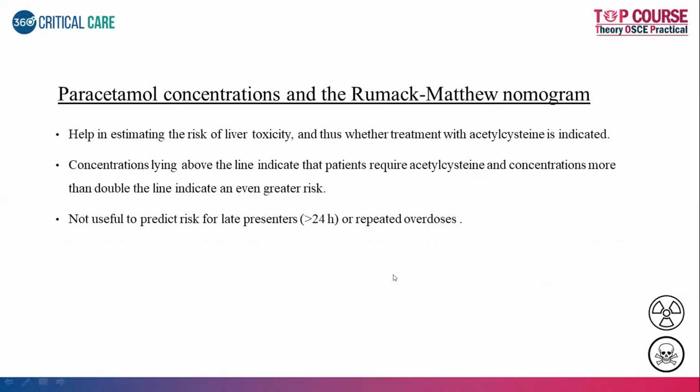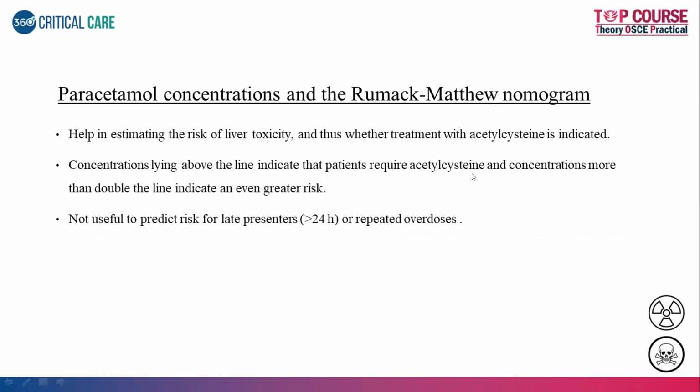So next comes your Rumack-Matthew nomogram, a very important one. It helps in estimating the risk of liver toxicity and thus whether treatment with N-acetylcysteine is indicated or not. Okay, so concentrations lying above the line, what is that line? I will let you know.